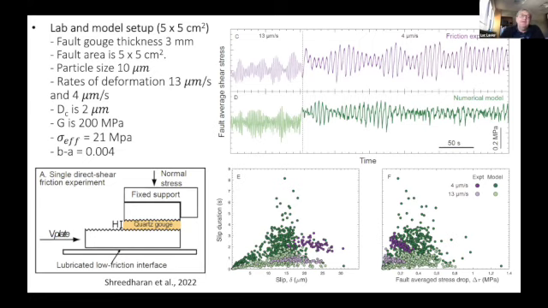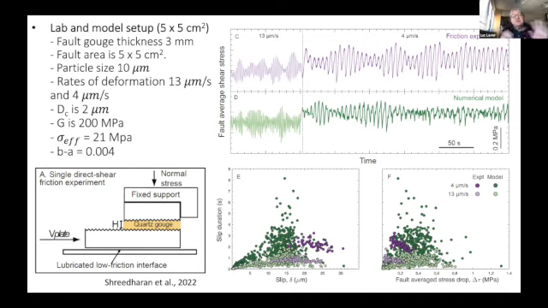And the corresponding Dc is 2 micrometers. You can calculate a nucleation length from that. The shear modulus G is 200 megapascals, and the effective stress on the fault gouge was 21 megapascals. And the calculated B minus A for the rate and state is 0.004.